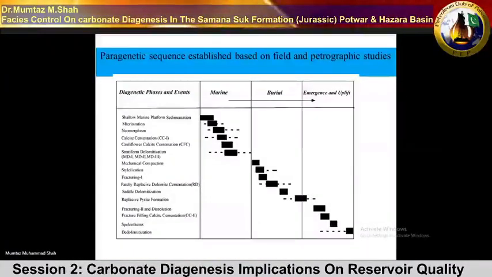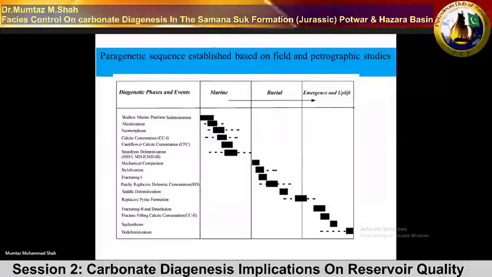Based on the field observations and the petrographic studies, this detailed paragenetic sequence has been established, which represents the eogenetic, followed by burial associated and then telogenetic phenomena, where various phases have been identified and well correlated with events in these particular stages.